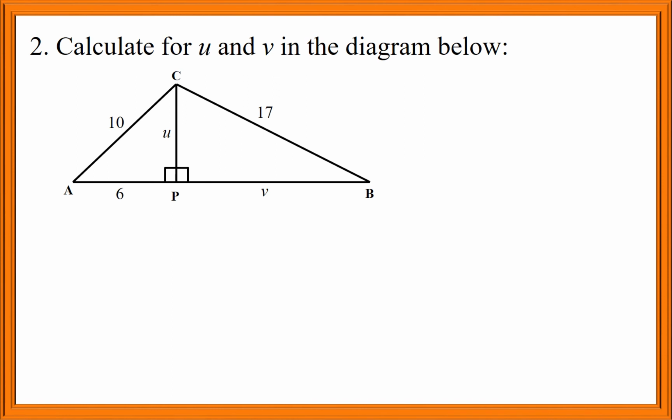In this diagram, we'll realize that when we consider the whole triangle ABC, it is not a right-angled triangle, but triangle ABC is divided into triangle APC and triangle PBC, which are both right-angled triangles as indicated here.